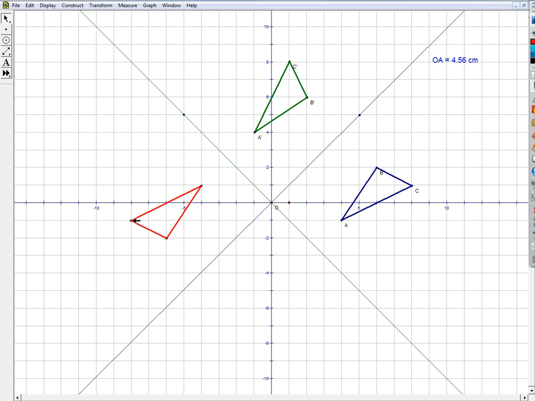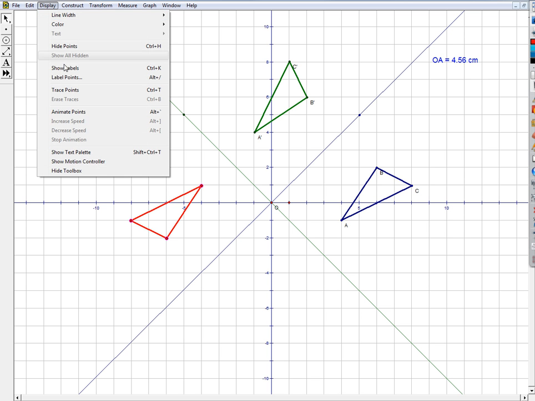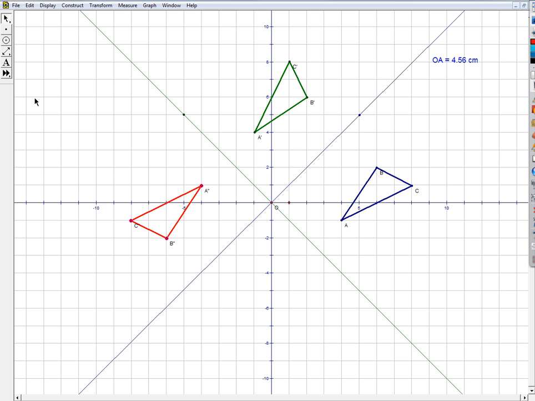Okay, there it is. Now, what's it going to label this? A prime prime. There you go. If I hit display, show labels, it'll label A prime prime, B prime prime, C prime prime. It's probably hard for you to see, but I can see it right from close up here.